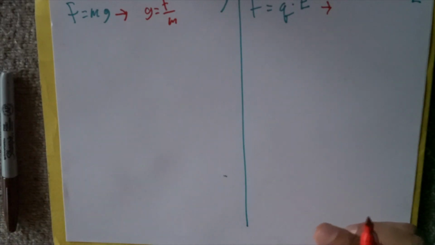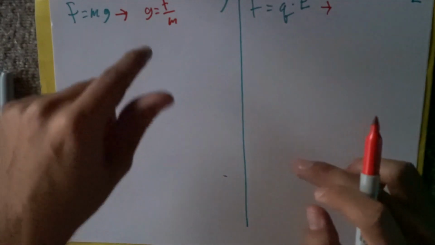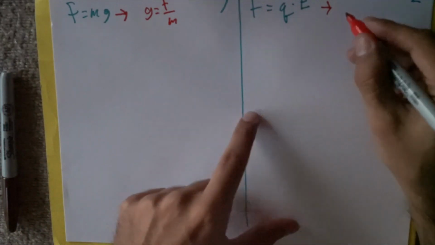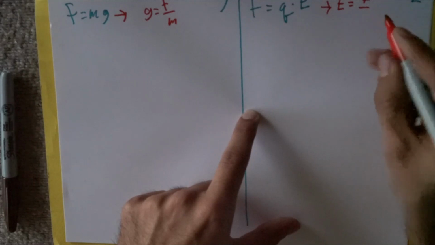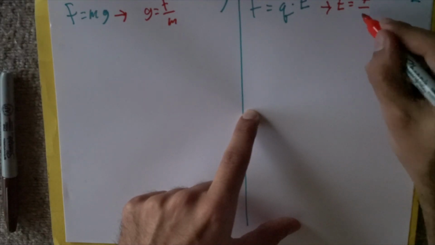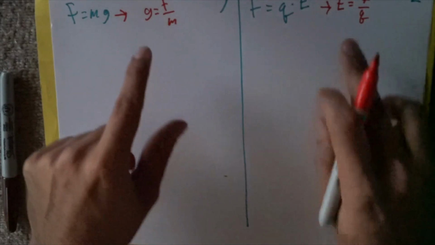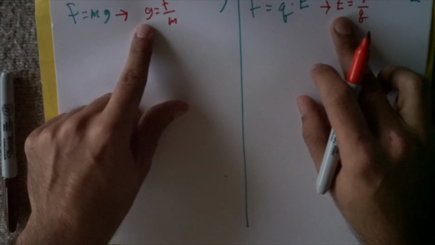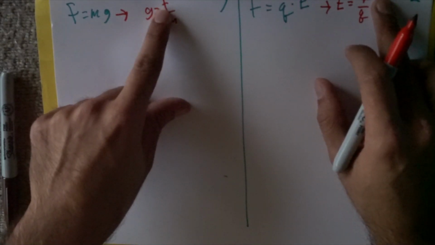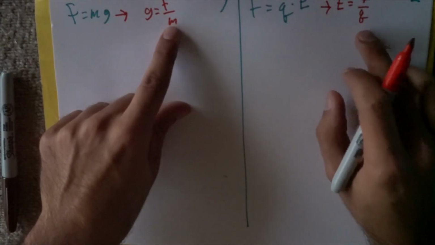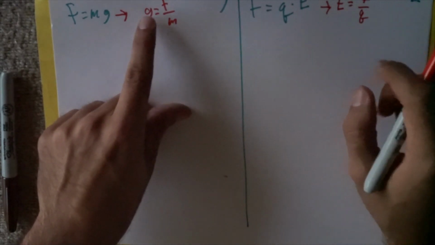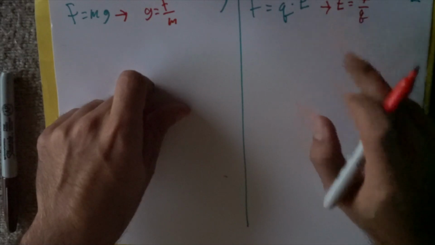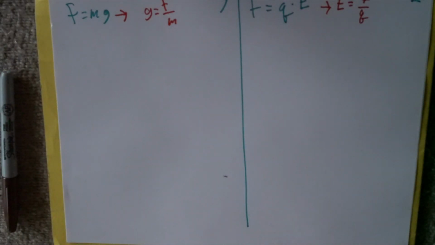So mass is connected to the gravitational field, same as the electric field is connected to the force, but with charge. So these are both fields of their own, relating to the force with respect to what they're sensitive to. So mass is sensitive to the gravitational field, and charge is sensitive to the electric field. Hopefully that clarifies things again.